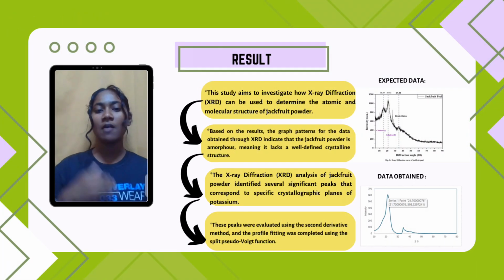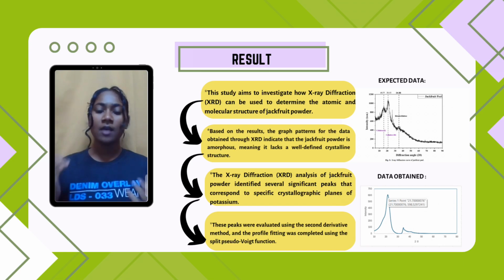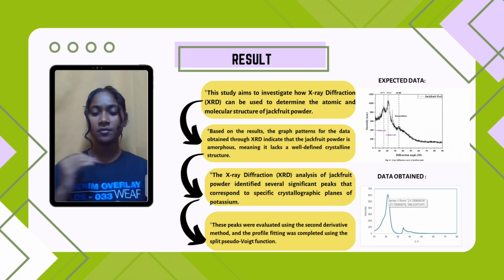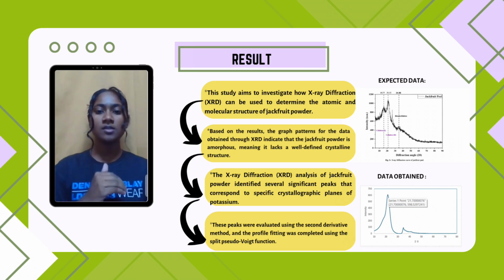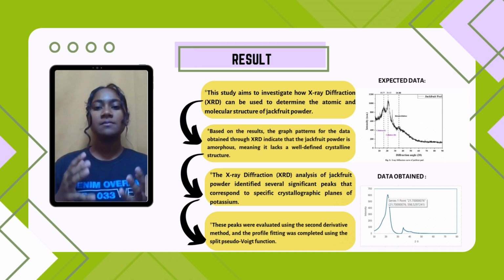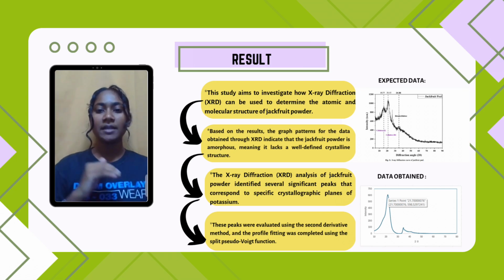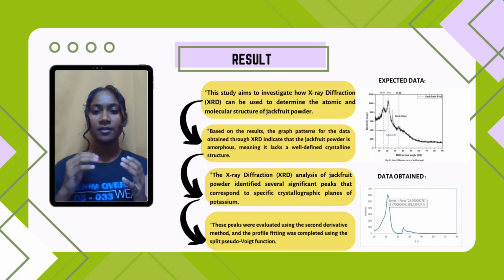Now, I'll talk about how X-ray crystallography was used to study jackfruit peel powders. In our analysis, we scanned the samples over a 2 theta angle range of 5 degrees to 80 degrees using a scan speed of 4 degrees per minute. The result showed that jackfruit powder is mostly amorphous. This means it doesn't have a clear crystalline structure, which is shown by the continuous X-ray diffraction patterns.